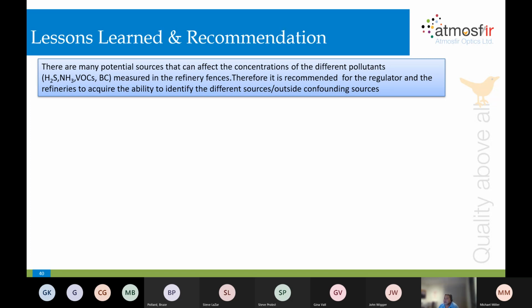Just to mention the trucks, the roads, the trains, and all the industrial areas surrounding. Therefore, it's recommended that the regulator and the refineries acquire the ability to identify the different sources, at least to tell, yes, we had high concentration of H2S, but it's not coming from our facility, based on triangulation of the wind.